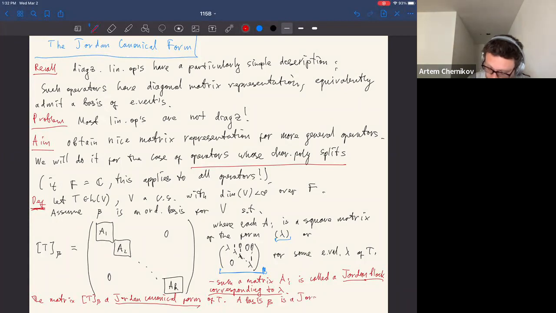So this is a Jordan canonical basis for T.